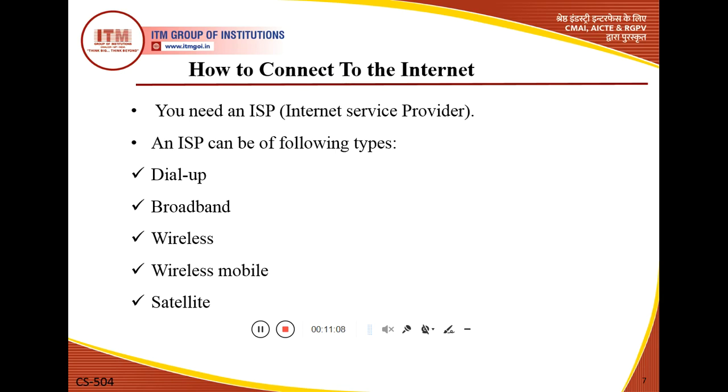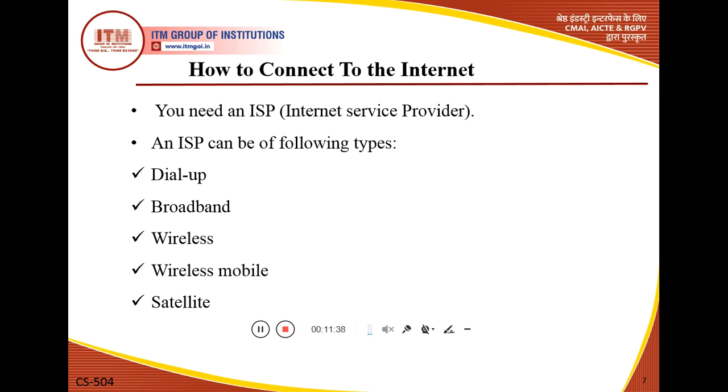Broadband is another type of ISP, so we use broadband connectivity to connect to the internet. Wireless is also used to connect to the internet, and wireless mobile is another type. With the help of satellite we can also connect to the internet, and our connection is established.